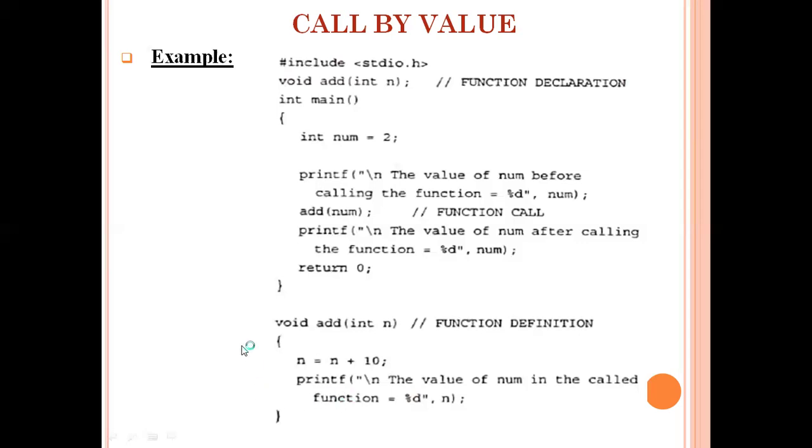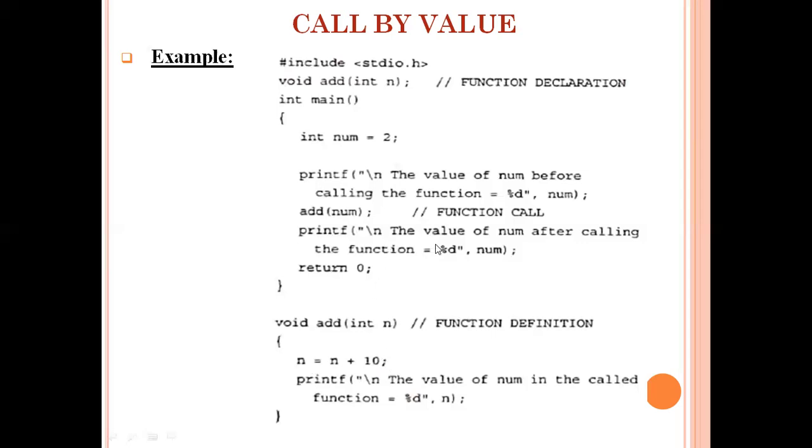And now the program control returns back to the next statement, which is immediately following the function call statement. And now what is given here? The value of number after calling the function. Just before, we called the function add, and the processing is done there, and the n value is updated to 12.